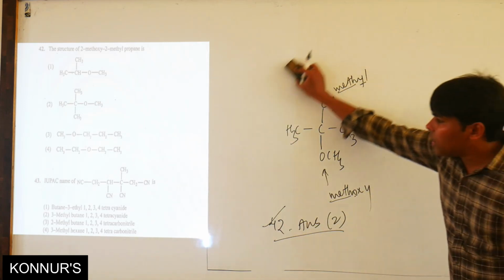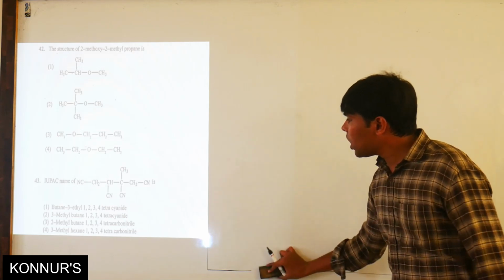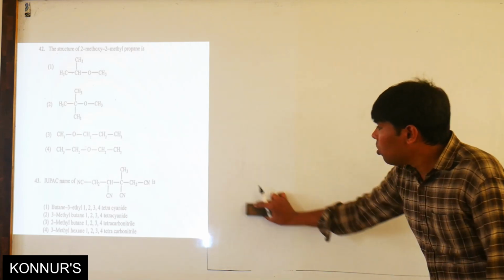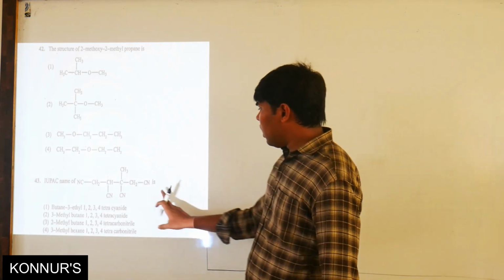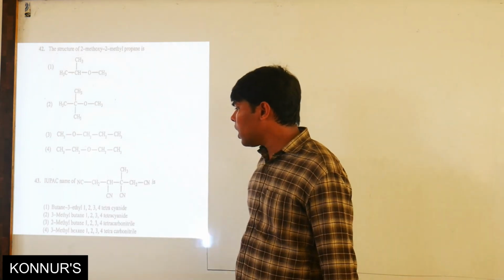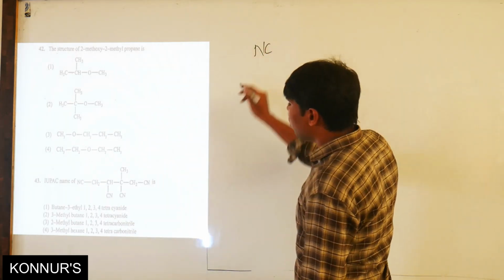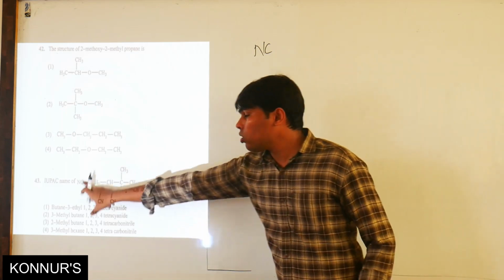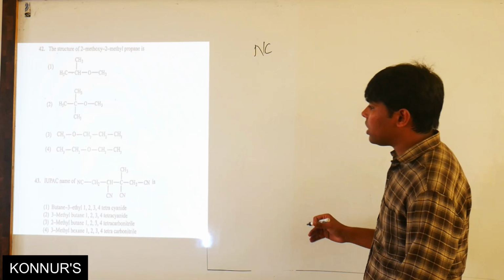In the 43rd example we will take the IUPAC name of this compound. We have taken one compound right over there. So there are many cyanide groups here. Here one cyanide, here one cyanide, here also one cyanide. 4 cyanides are there. If you are not clear about the visibility, I will rewrite that structure.